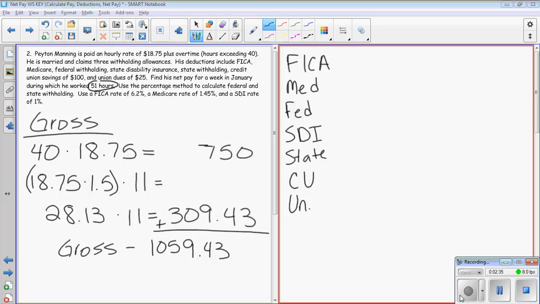Remember, credit union and union are just a fixed amount, so you can go ahead and just write those in, and that's all you have to do with those until you calculate your total deductions.